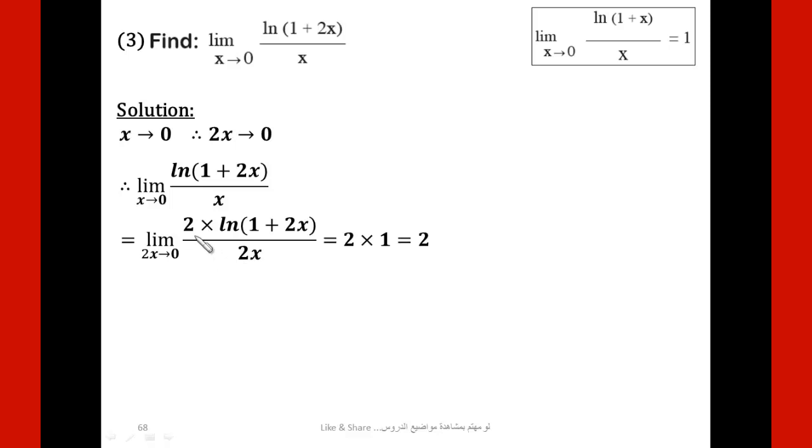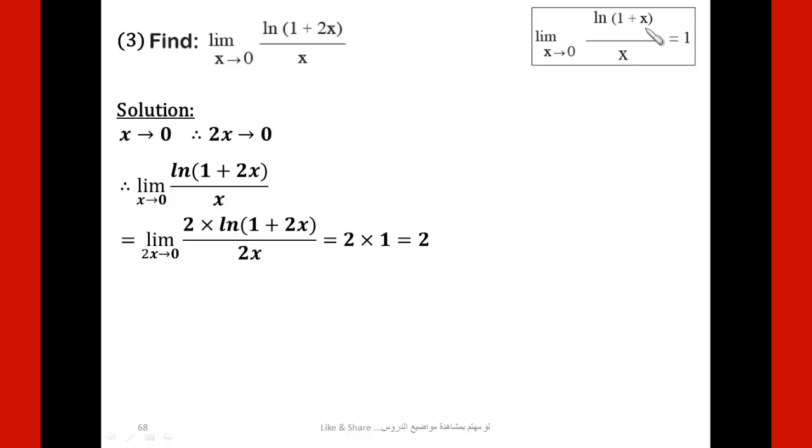We have 2 over 2, so 2 multiply ln 1 plus 2x over 2x when 2x tends to 0 equals, what is the value of ln 1 plus 2x over 2x? Again, what is the value of limit ln 1 plus 2x over 2x when 2x tends to 0? It is equal 1 according to the rule.